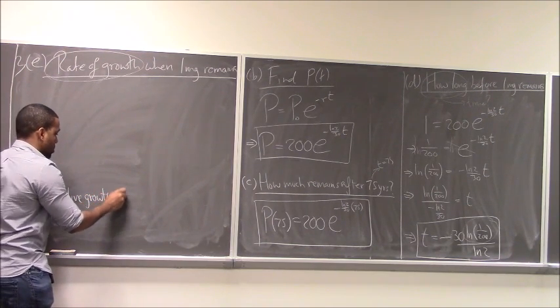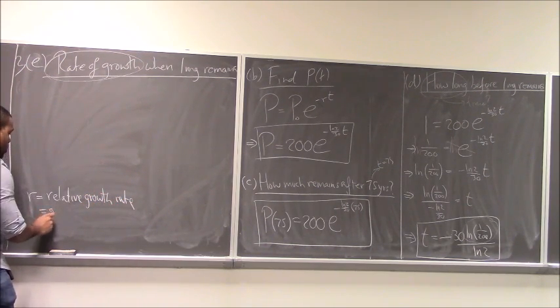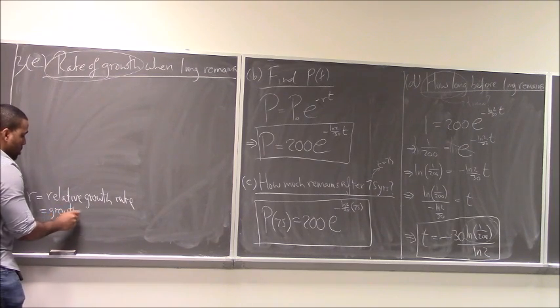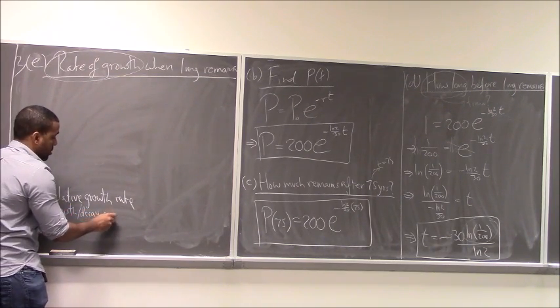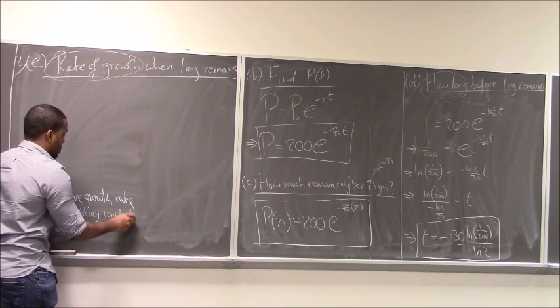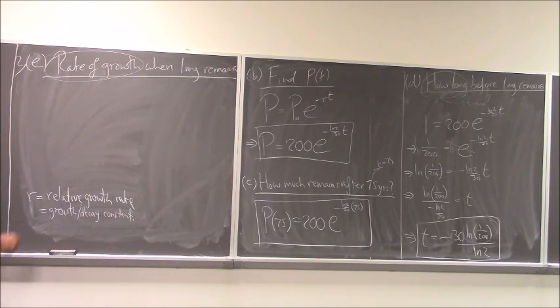It's also called the growth constant, or you can also call it the decay constant. That would be the vocabulary for that thing. It would not be referred to as the rate of growth of the thing.